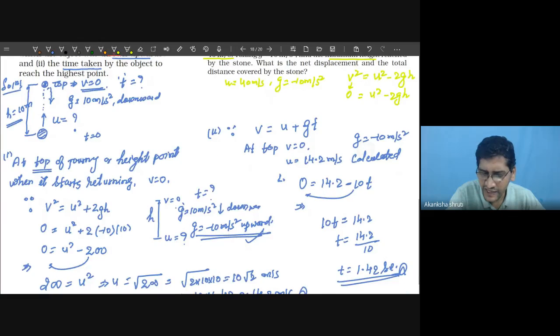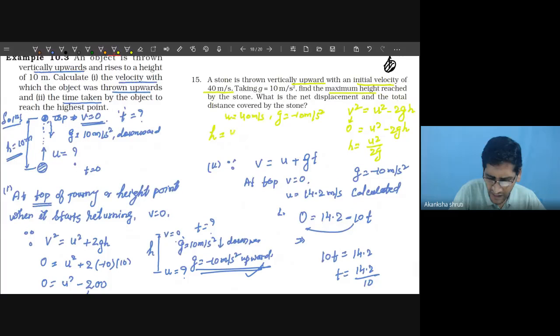So h can be directly calculated by bringing this to the left-hand side: h is equal to u square by 2g.